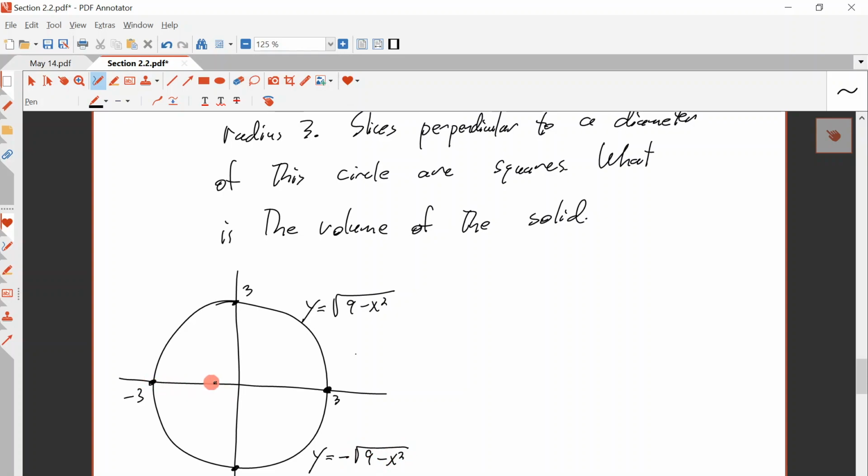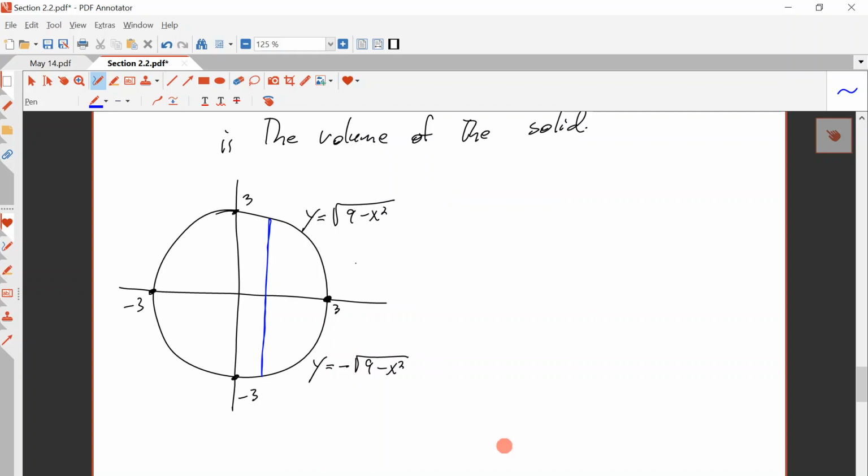Here's the diameter where the perpendicular slices are squares. I just picked that to be the diameter lined up along the x-axis. So the slice perpendicular to this is a square. It's not the whole square, that's just the base of the square.